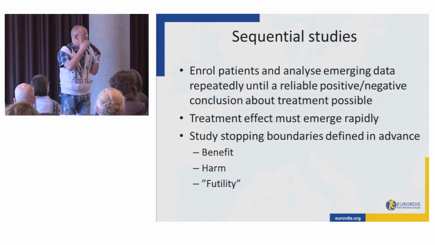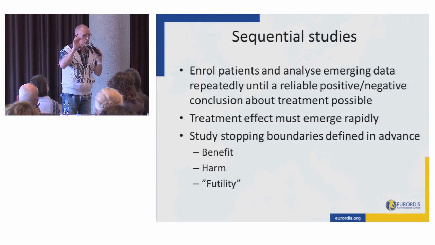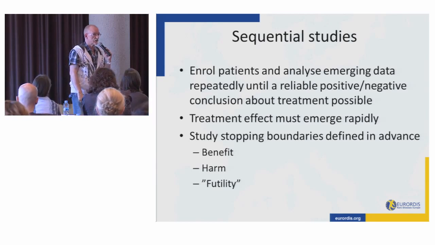They had small cohorts of patients, they gave the drug at different doses, and they analyzed the data as they emerged. It was completely open label, and they continued the study until they were sure that they had identified the correct, effective, and safe dose. And then they took that dose to further studies to confirm the result.